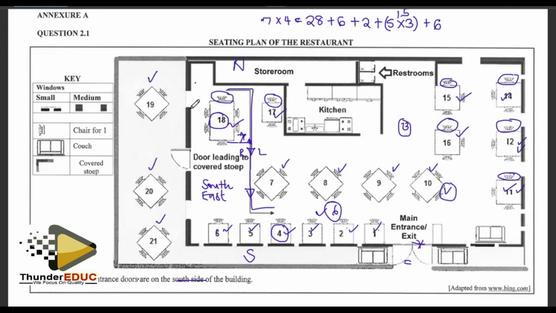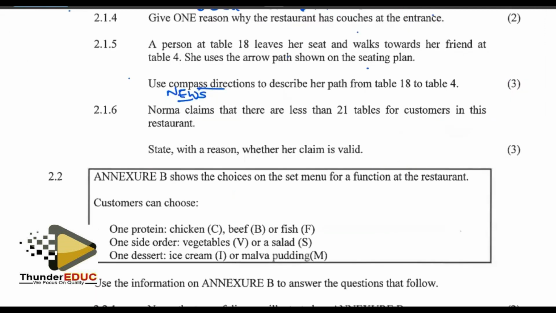Together? So we say there are 20 tables because the 13th table is not there.